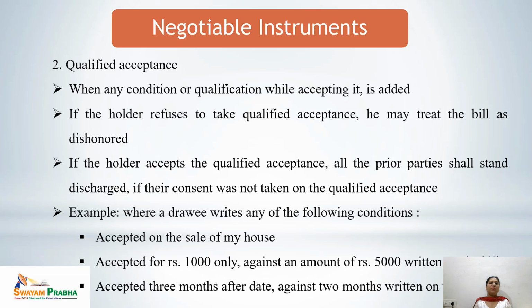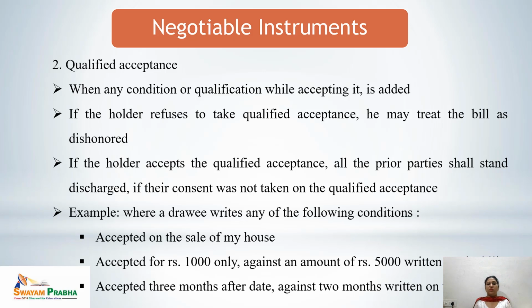Let's see the example. Where a drawee writes any of the following conditions, it is a qualified acceptance. Accepted on sale of my house. That means the bill of exchange is accepted here, but the condition attached is the sale of my house. When the house is sold, only then the bill would be accepted.